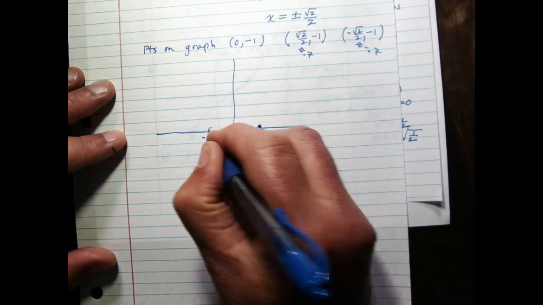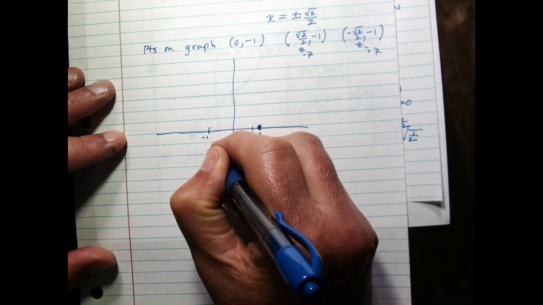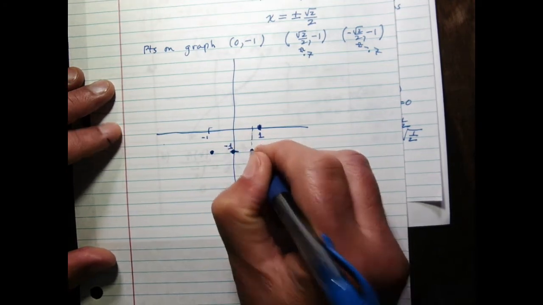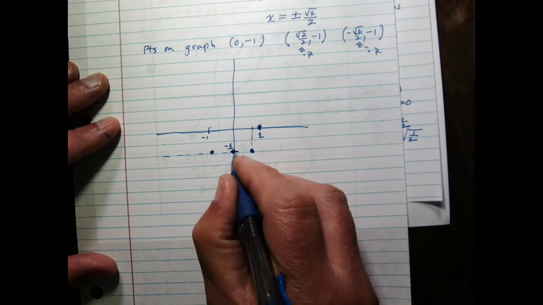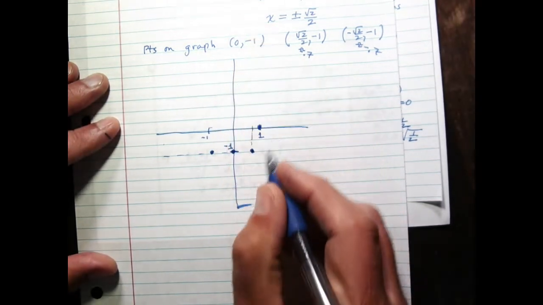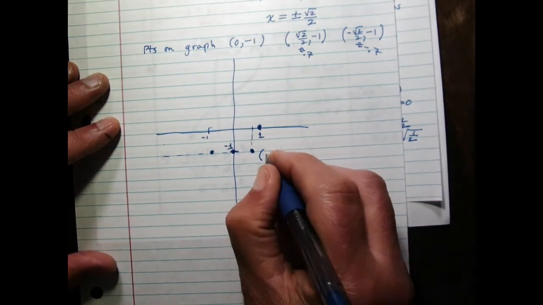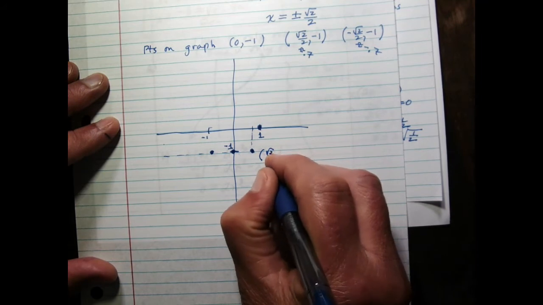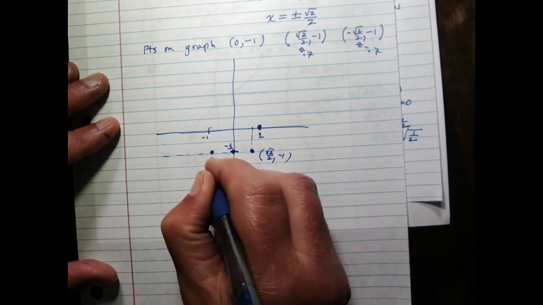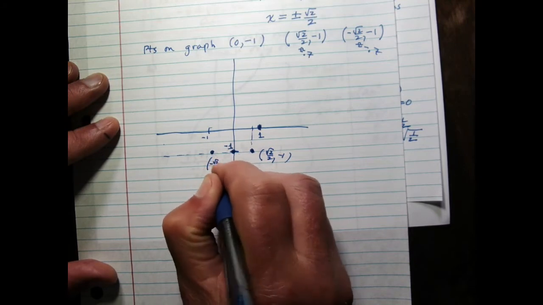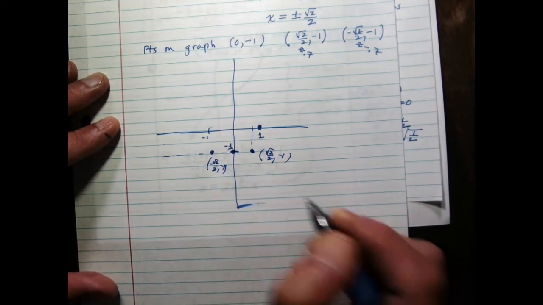And if this is -1, just inside of that. So these 3 points all have y coordinate -1. There's (0, -1) on the y-axis. This is (square root of 2 over 2, -1). And this point over here is (negative square root of 2 over 2, -1).